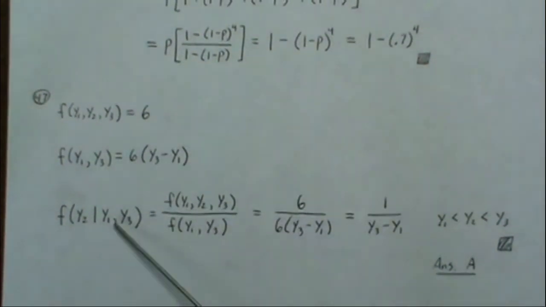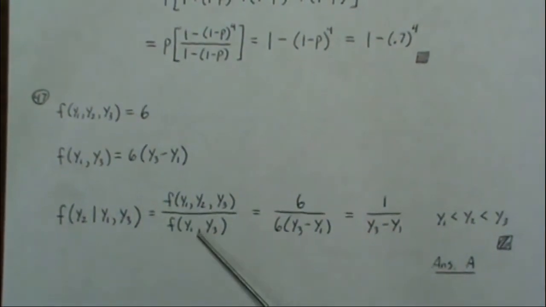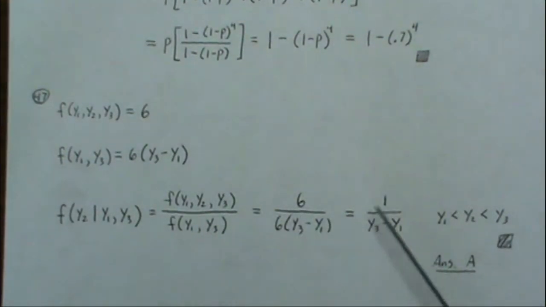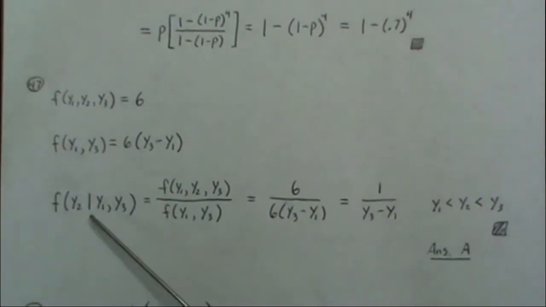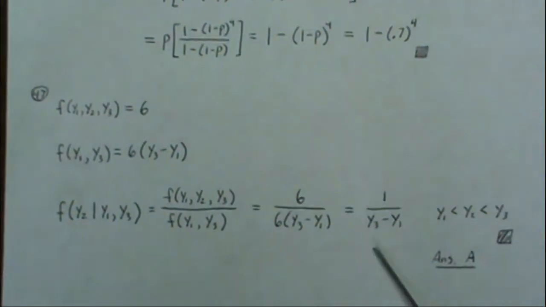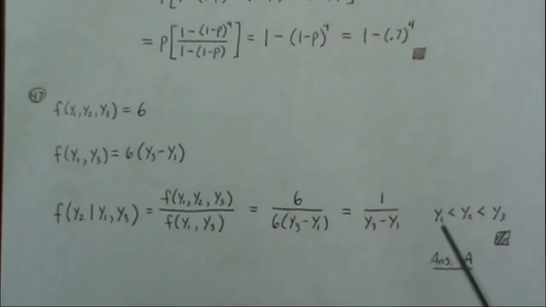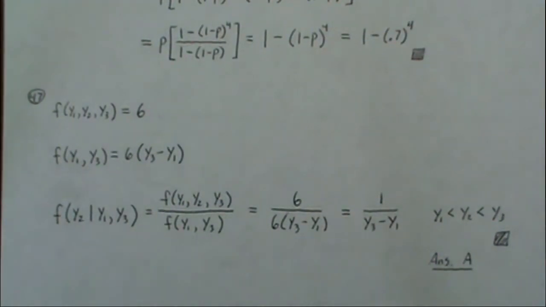So this conditional is the joint divided by this conditioned variable. So it's 6 over this, which is 1 over y3 minus y1. Remember that we're given these values, so these are constants. So this is a constant in regard to x2. And you know that x2 has to be between these, so this is a uniform distribution. So the answer is A.